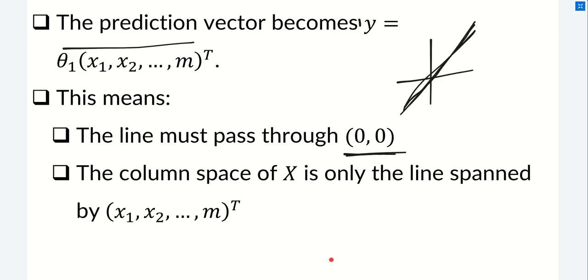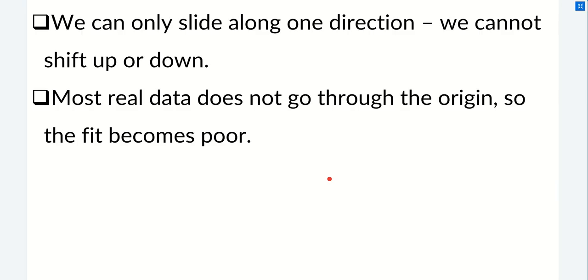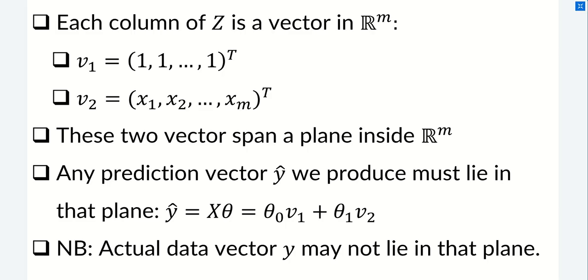So that constant over there helps us a lot. As I said, we can only slide along one direction, we cannot shift up and down. But real life data does not go through the origin, so the fit becomes what? Poor. So that one over there is very, very important.